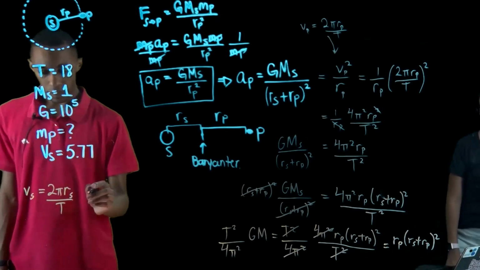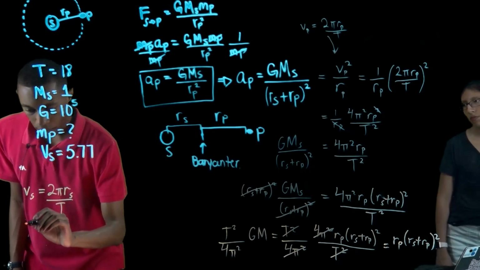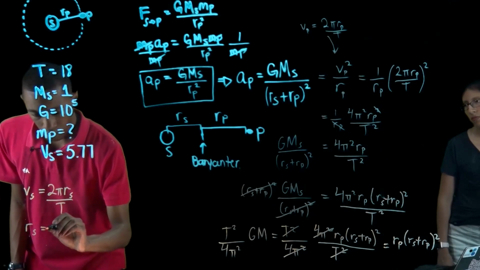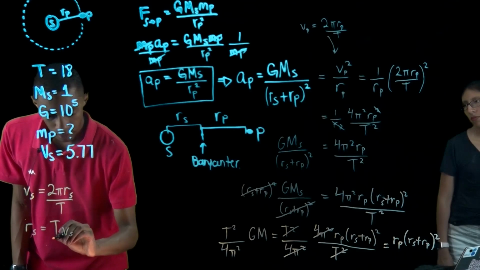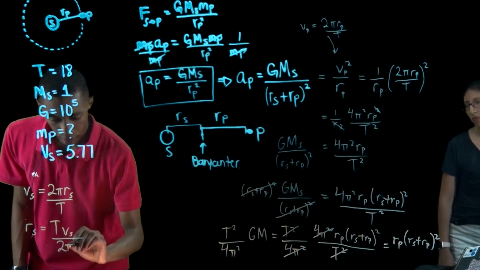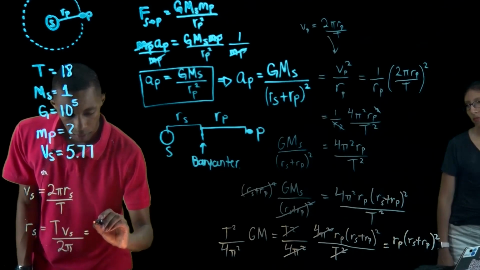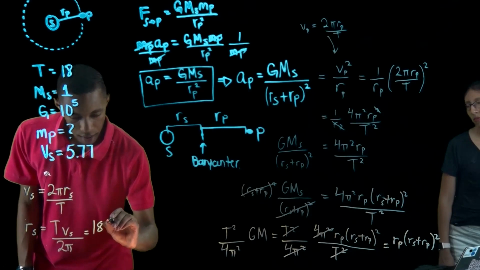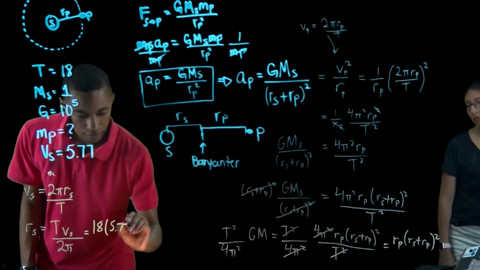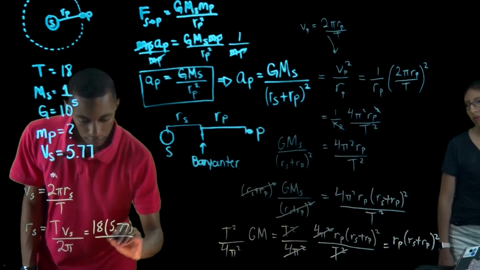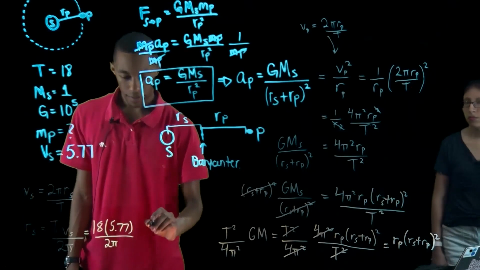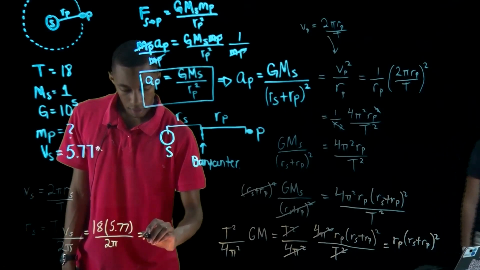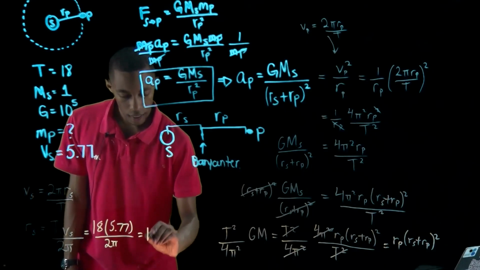So if I move things over and simplify, we get that Rs is equal to the period times Vs divided by 2 pi, which is equal to 18 times 5.77 divided by 2 pi. And for that number, that gives us 16.5.